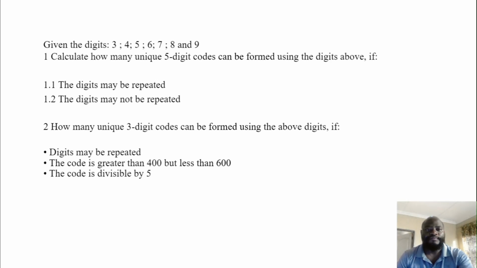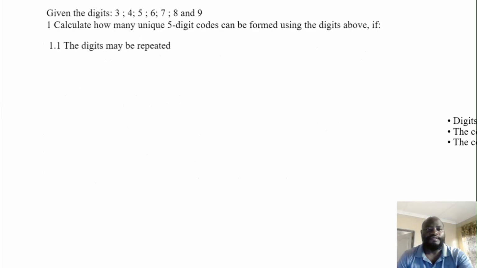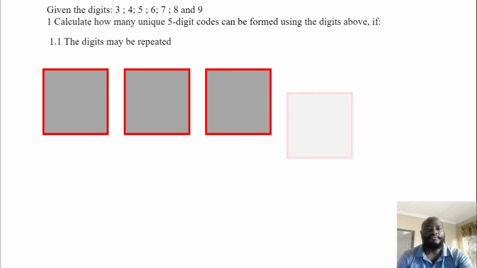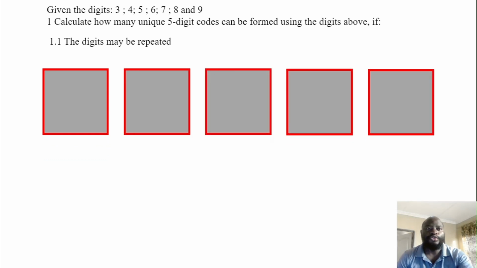Okay, so let's start with the first one. They're saying digits may be repeated, so we're going to need some placeholders. Let's use these boxes as placeholders for our 5-digit code, and then we'll analyze each position, which of the digits are allowed to be there.